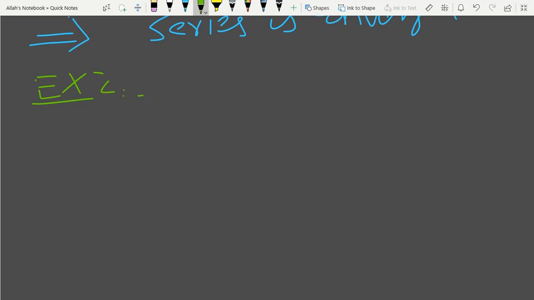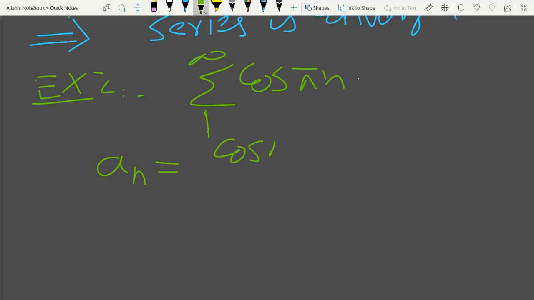In the second exercise, the series is cos pi n, where n is 1 to infinity. Now we take the sequence a n, which is equal to cos pi n.